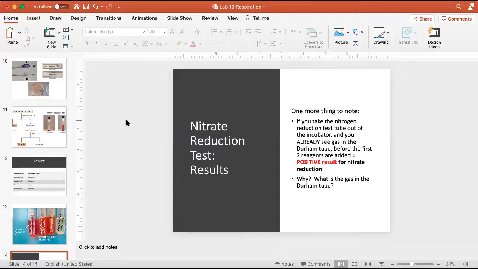Now, I almost hate to mention this, but I'm going to. It should make sense once you've reviewed. If I take a nitrate reduction test out of the incubator after 48 hours of incubation, before I do anything to the tube, if I look in the Durham tube and I see a gas bubble in there, I know I've got a positive result.